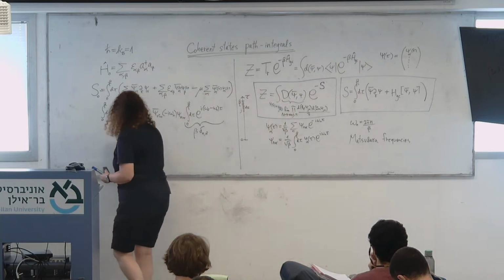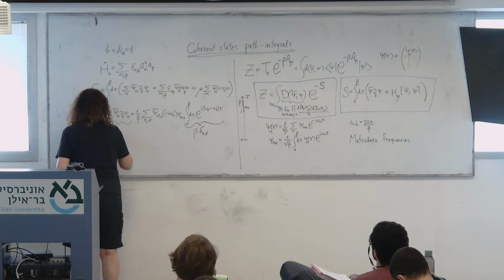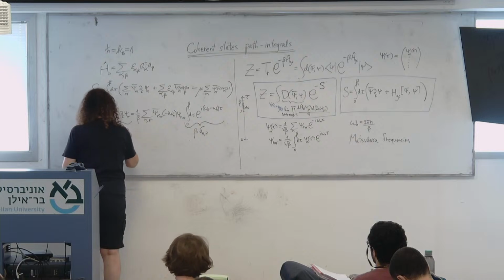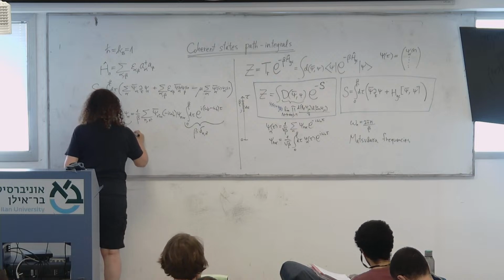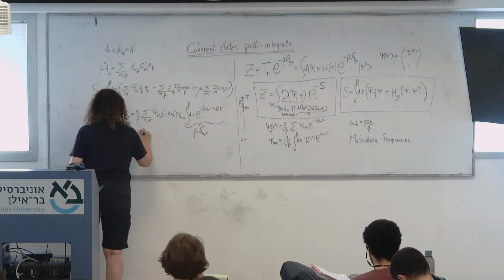And I will get that this can be replaced by a sum over n of psi n bar, minus I omega n, psi n.